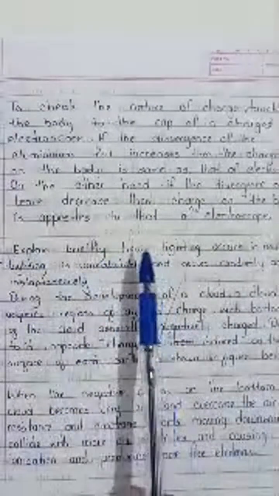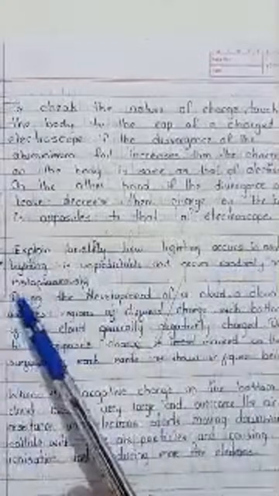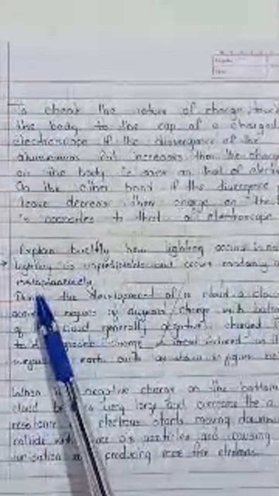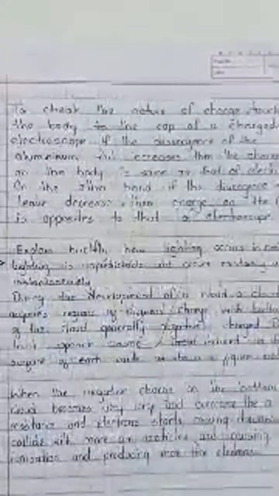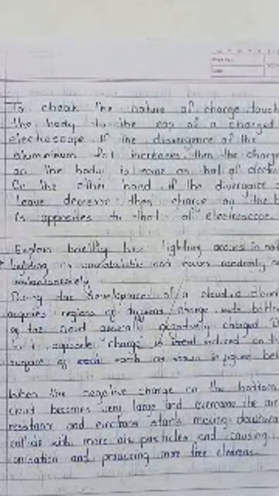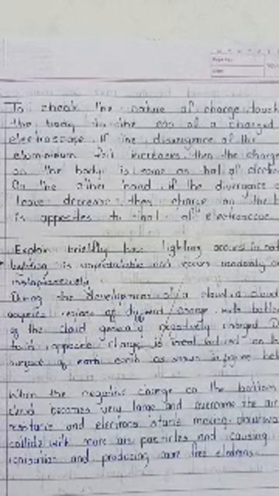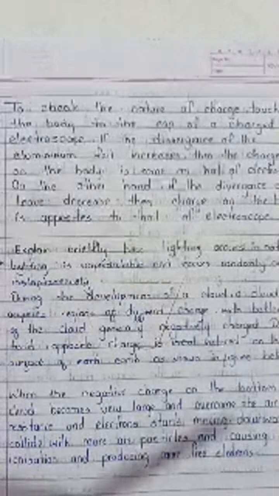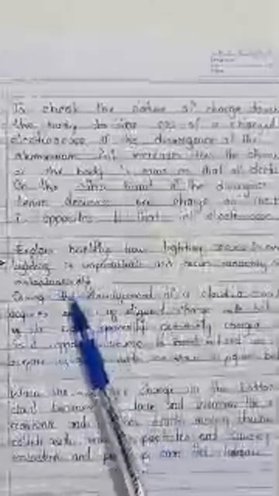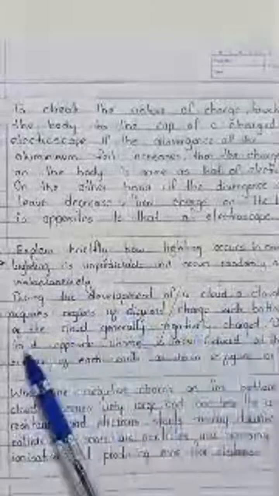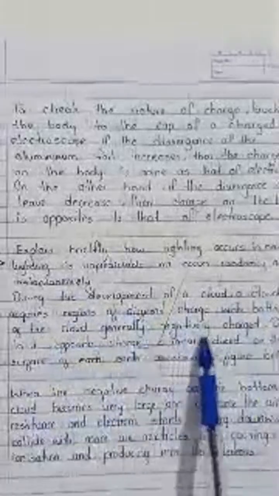11. Explain briefly how lightning occurs in nature. Lightning is unpredictable and occurs randomly and instantaneously. During the development of a cloud, the cloud acquires regions of different charge, with the bottom of the cloud generally negatively charged.